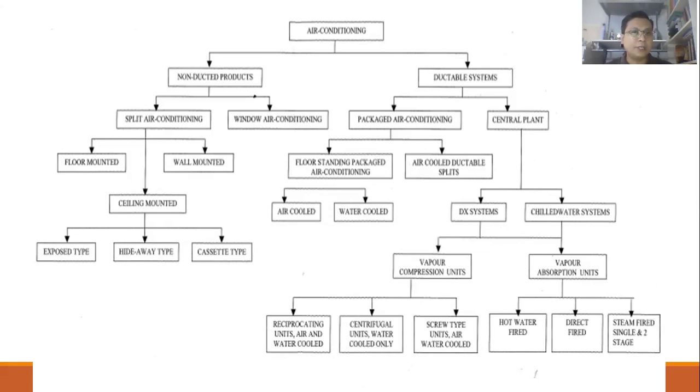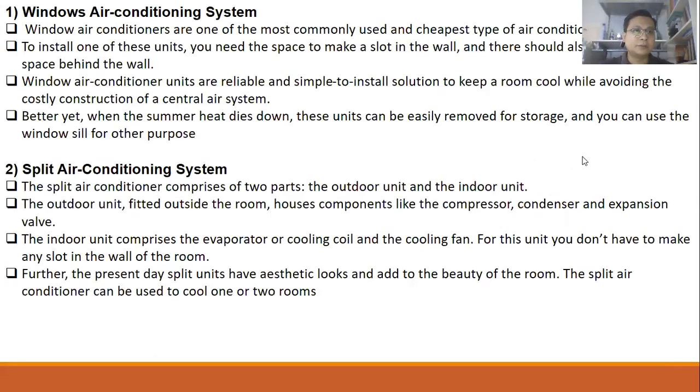That's why we will discuss them in this chapter. The ductable system we will discuss next week, or maybe in two weeks. Never mind, we can go to the first slide.